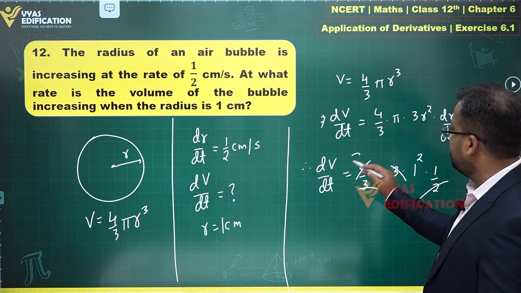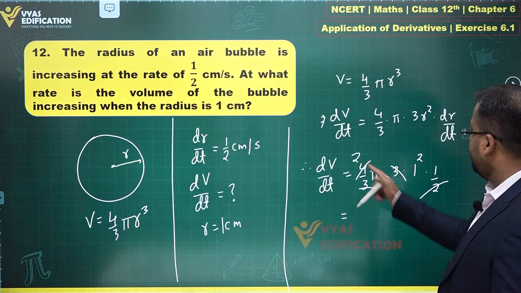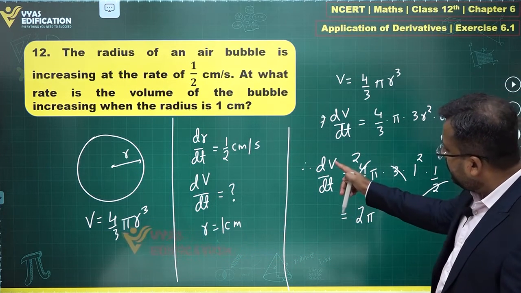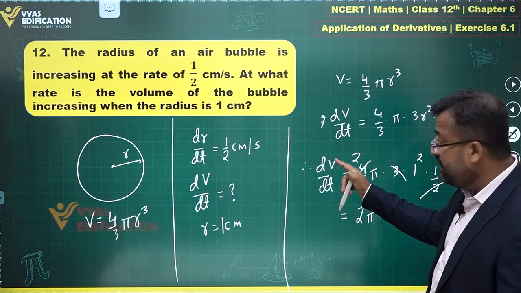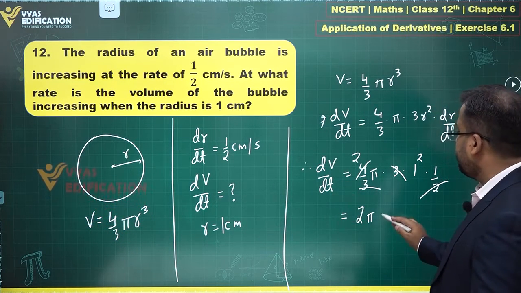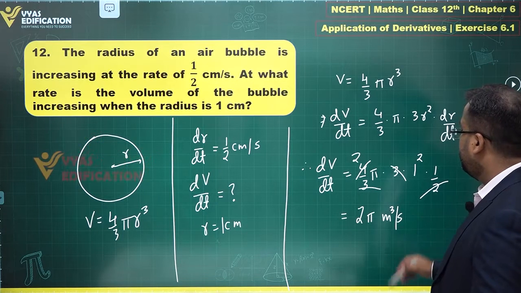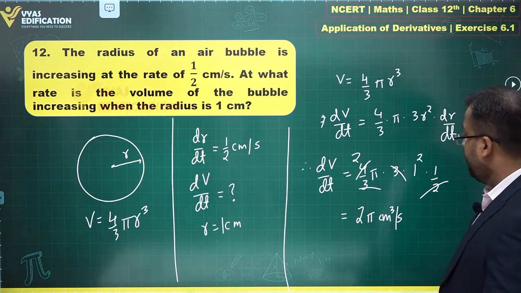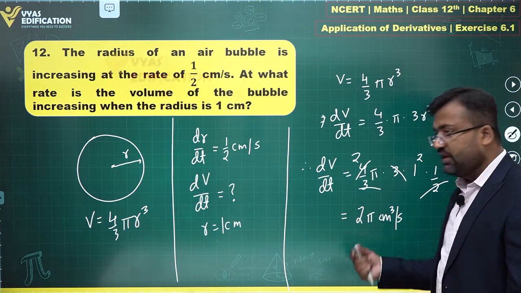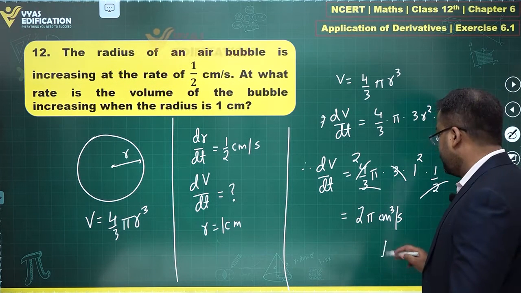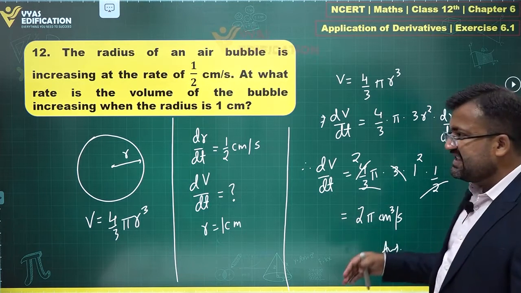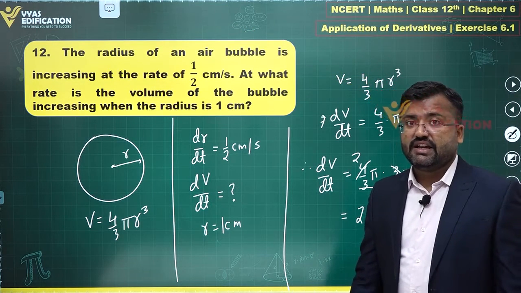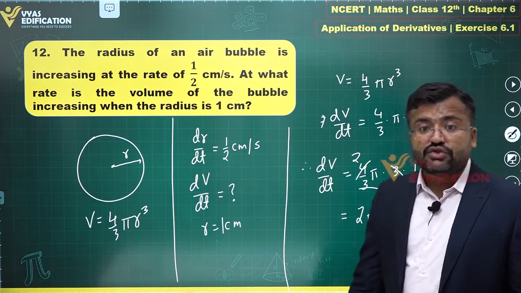This 2 cancels this 4 and we get a 2. You get 2 pi, 1 square is simply 1. So 2 pi, and the final unit will be length cube, that is centimeter cube, mind you, not meter. This is centimeter cube per second. That's your answer, the final answer for this question. This is the rate of change of volume, the increase of volume: 2 pi centimeter cube per second. Let's move on to the next question after this.